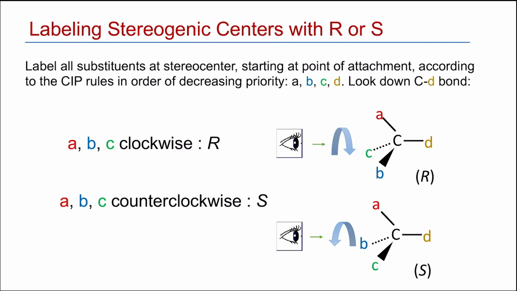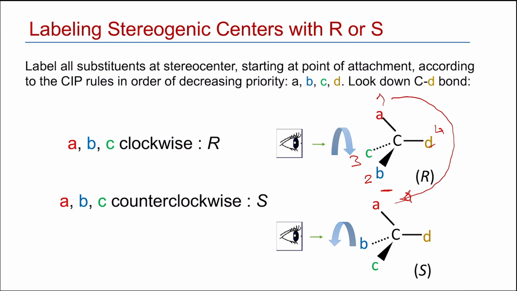So let's have a look at this molecule, for example. So this molecule has 4 substituents given priority 1, 2, 3, and 4. And if you look at the molecule here, they are going to be arranged from 1 to 2 to 3. We will ignore number 4 completely.